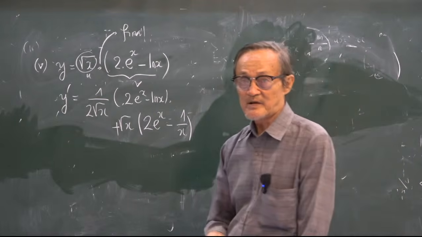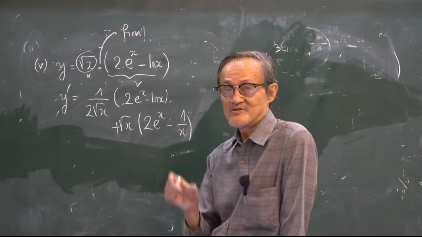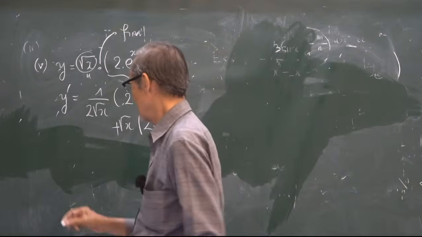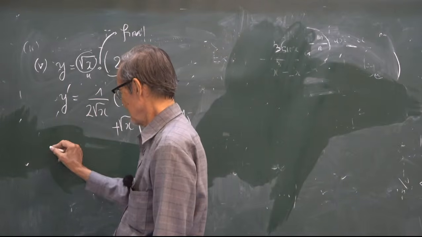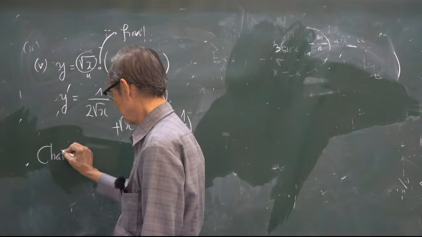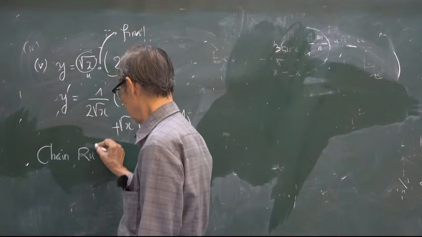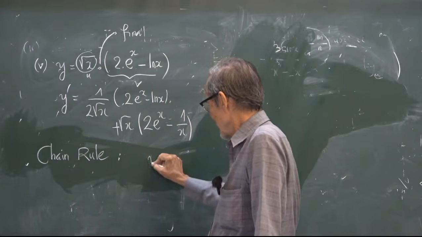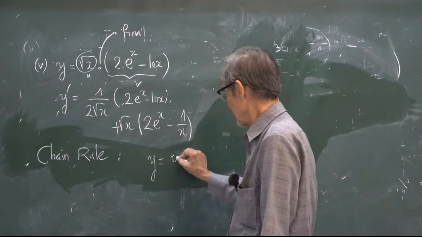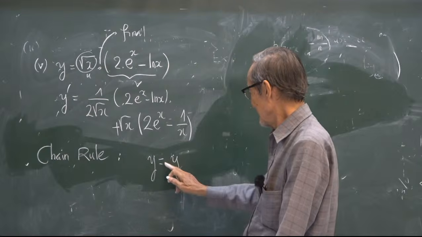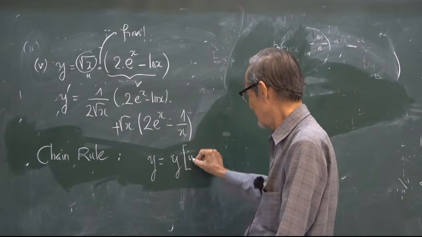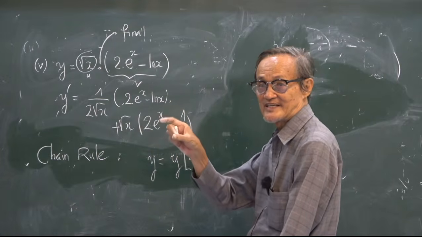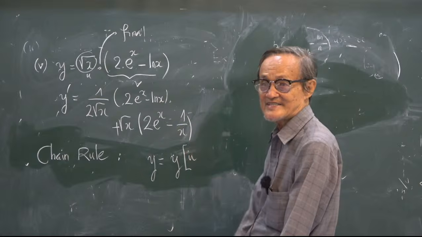Okay, the problem is we have to choose the correct formula and apply it. Now, chain rule. y is a function of u, and u is a function of x, where u means a function which contains x.